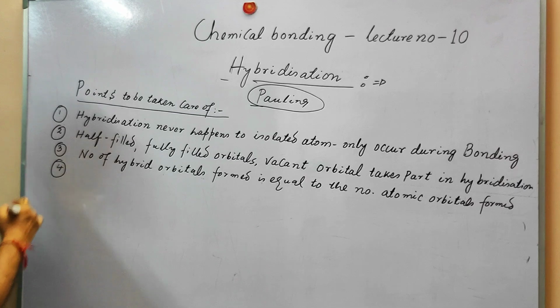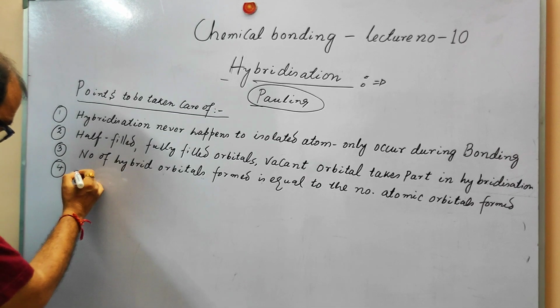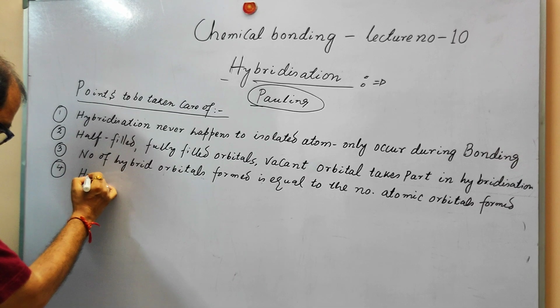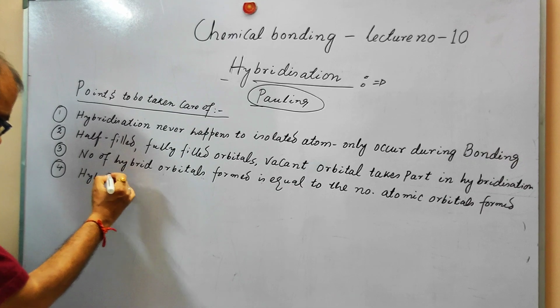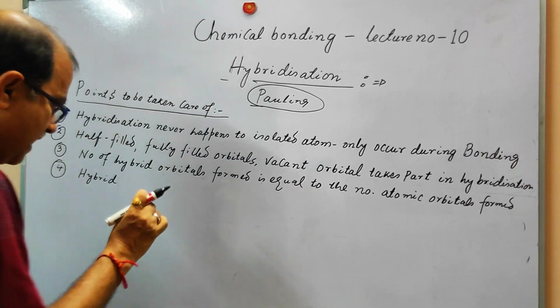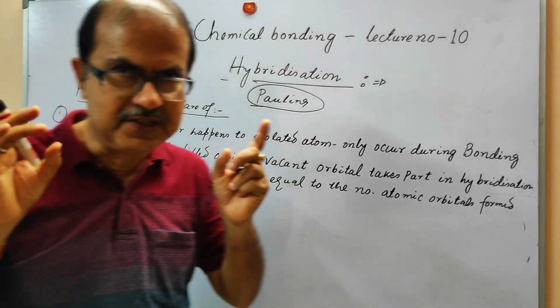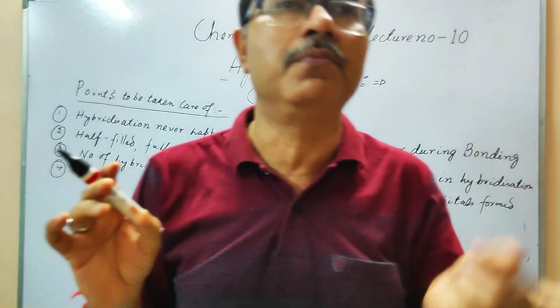Fourth point, again a very important point. The hybrid orbitals are different from the normal atomic orbitals. They have a good capacity for overlapping with other orbitals.